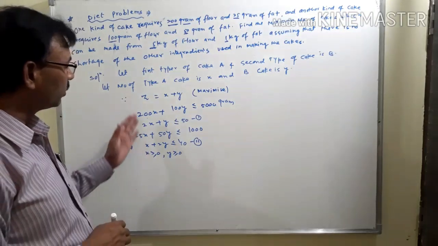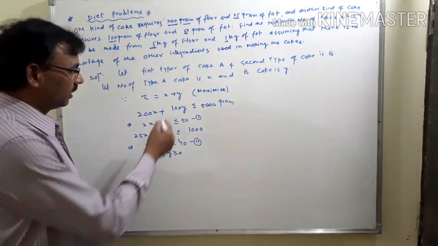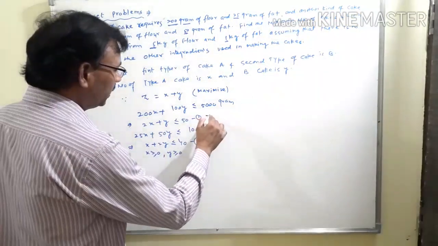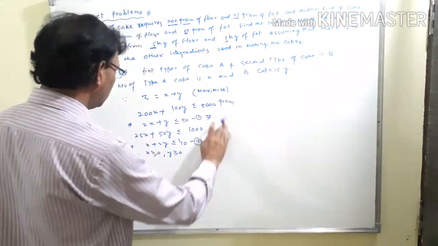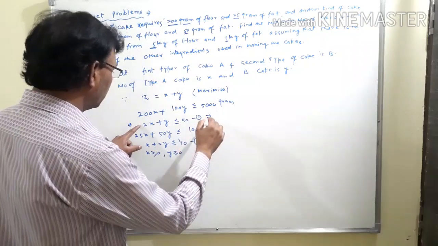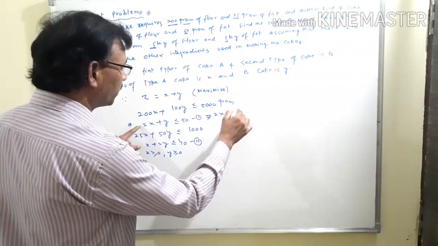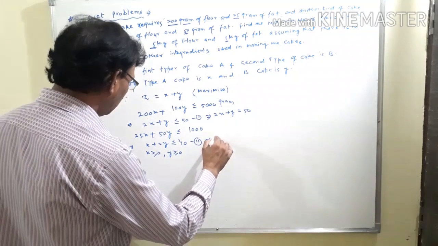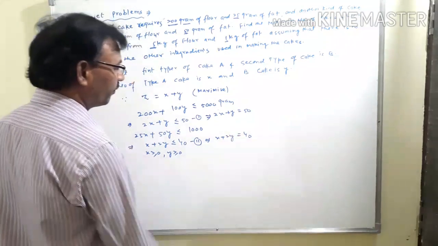Now we should draw the graph of these inequalities. First we write the corresponding equation of each inequality. The corresponding equation of the first inequality will be 2x plus y equals 50, and the second will be x plus 2y equals 40.